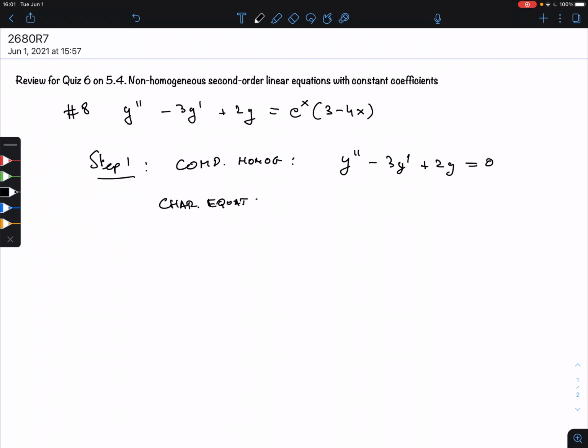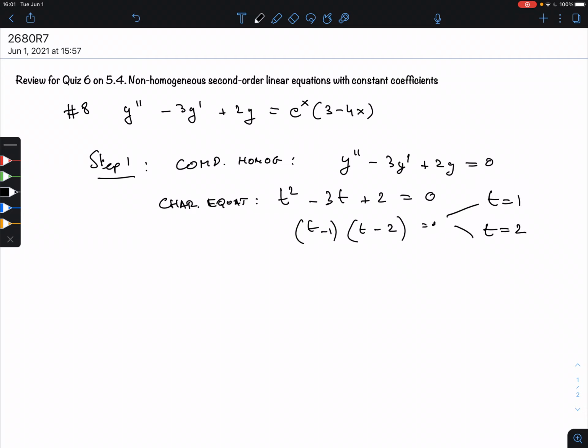Don't do this for other second order equations, but for this one you can. t squared minus 3t plus 2 equals 0. We have to factor this as two numbers that add up to negative 3 and multiply to 2. That seems to be negative 1 and negative 2, right? So we see two roots, t equals 1 and t equals 2.